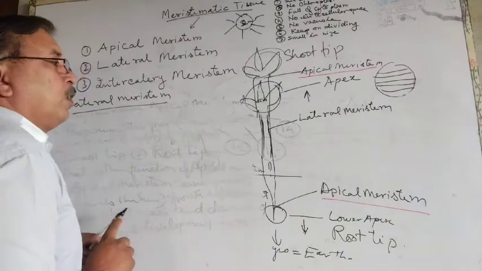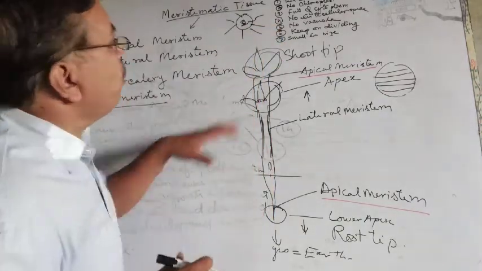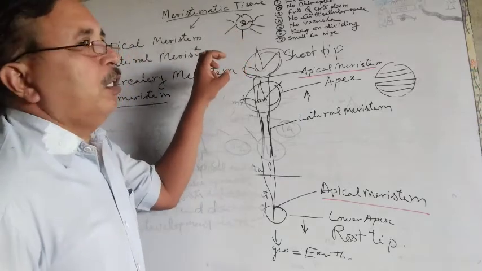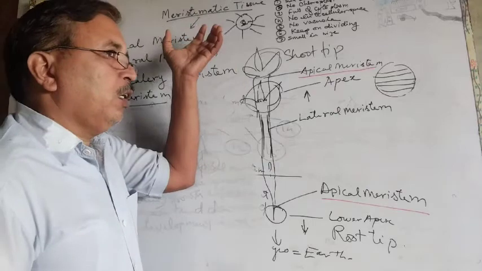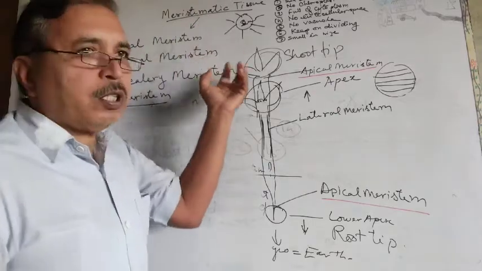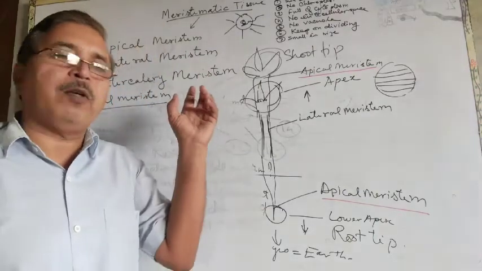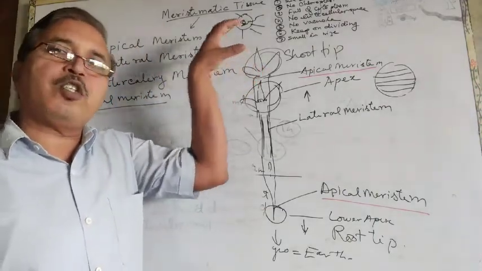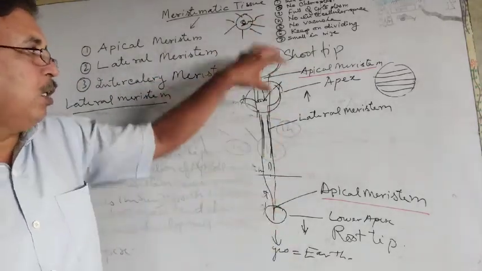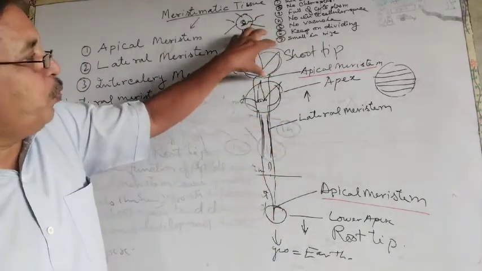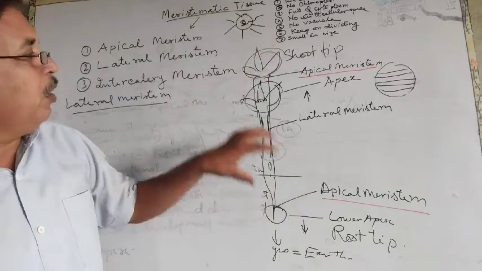Though the first name, apical, is based on its location, the kind of growth it causes is not the reason for naming apical meristem. It is just its location where it is found in the apical region of the plant. It is known as apical meristem because it is present in the shoot apex and the root apex.